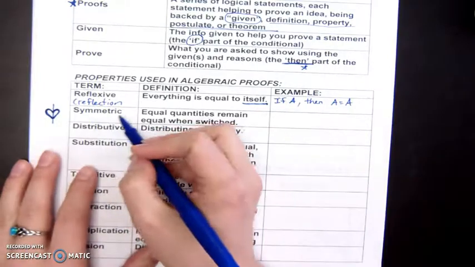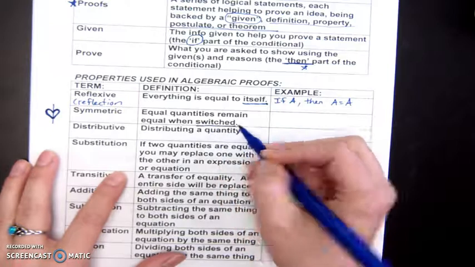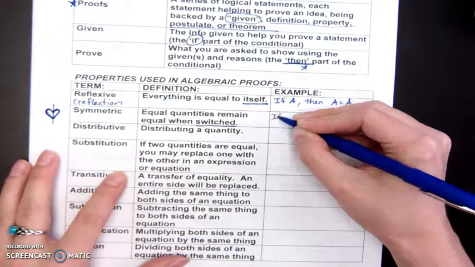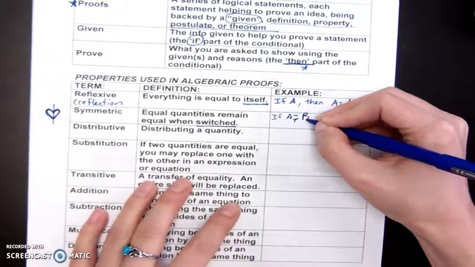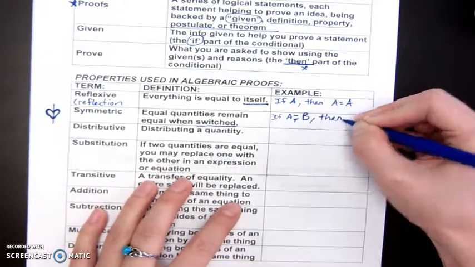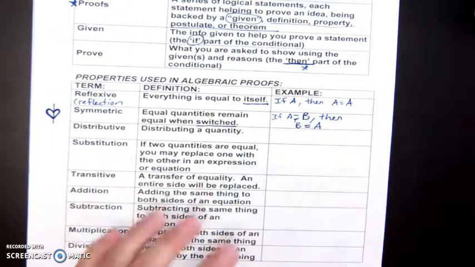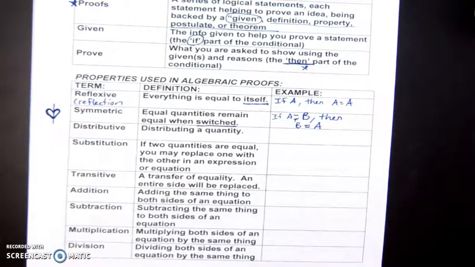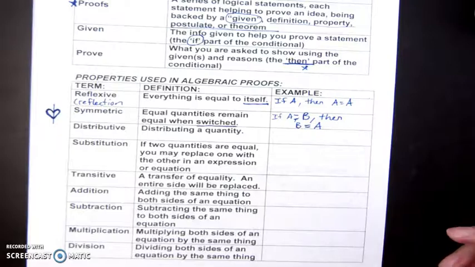But they are opposite to each other, like it's flipped over. So it just means it's still equal when it's switched. So symmetric is if we have A equals B, then B equals A. Again, it's a basic thing. We just have to remember to pair the word symmetric with when we flip it around.